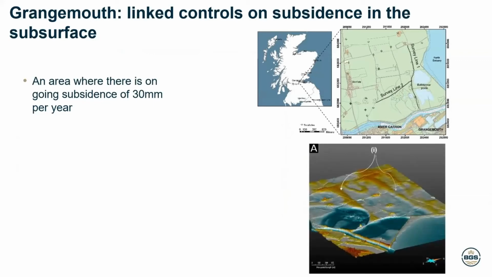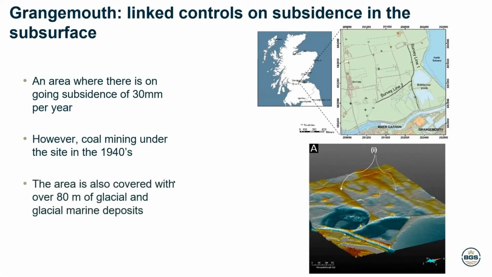If you see in the bottom right-hand corner, this is the LiDAR terrain model, and you can see these very odd features in the land surface. These don't look natural. They look like mine workings. However, we know that mine workings on the site finished in the 1940s.